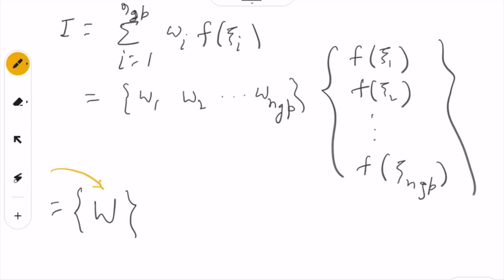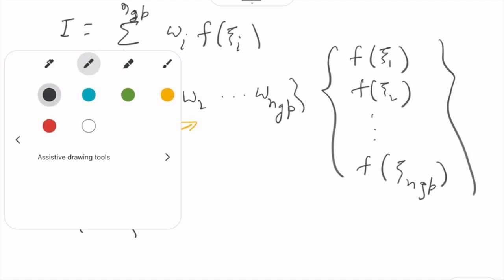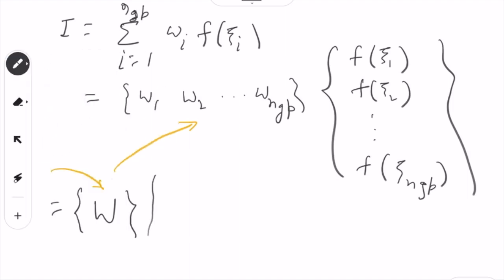So this W is nothing but what we are talking about here, and then we can have this equal to 1, xi 1, xi 2 to xi p.